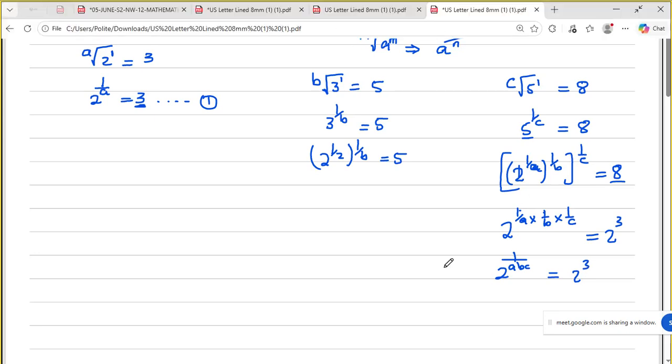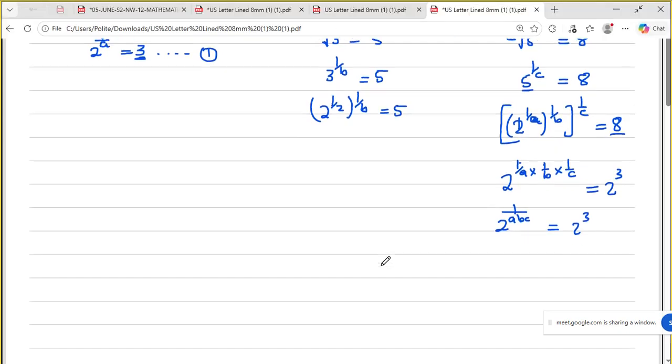And the question said, find the product of a times b times c. So now I have 1 over abc as the exponent. The exponents are equal because the bases are equal. So from there, 1 over abc is equal to 3. I can say the 3 is over 1 because I need to solve for abc.